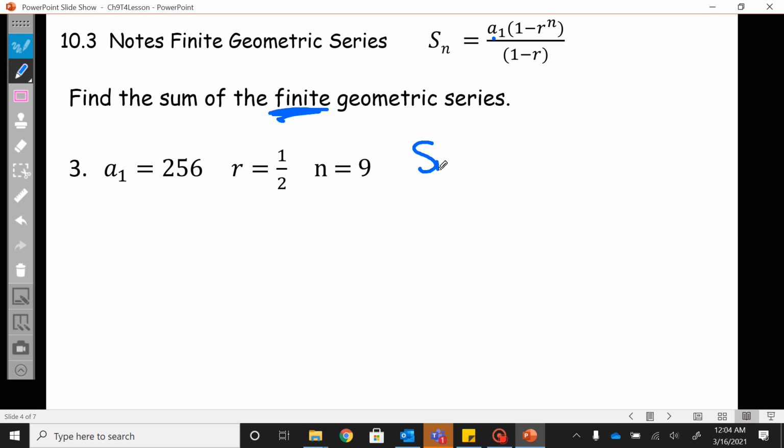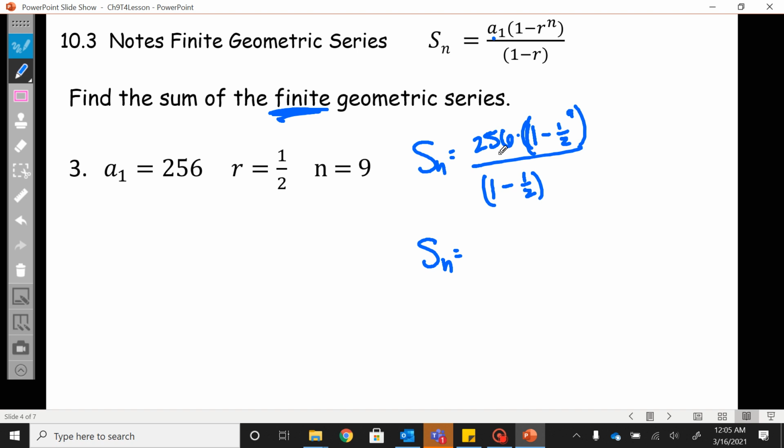Okay, so number 3, the first term is 256, the ratio is 1/2, and the number of terms is 9. Okay, the sum of those, the series, would be a1, which is 256, times 1 minus r to the n, so 1 minus 1/2 to the 9th, over 1 minus half.